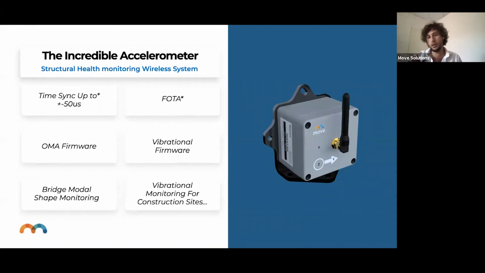So we put in a functionality that changes the sampling frequency, so we can go up to 500 hertz of sampling. So really high sampling. This also opens up the construction site and vibration monitoring, where we need other kinds of parameters, PPV, PPA, other kinds of parameters.